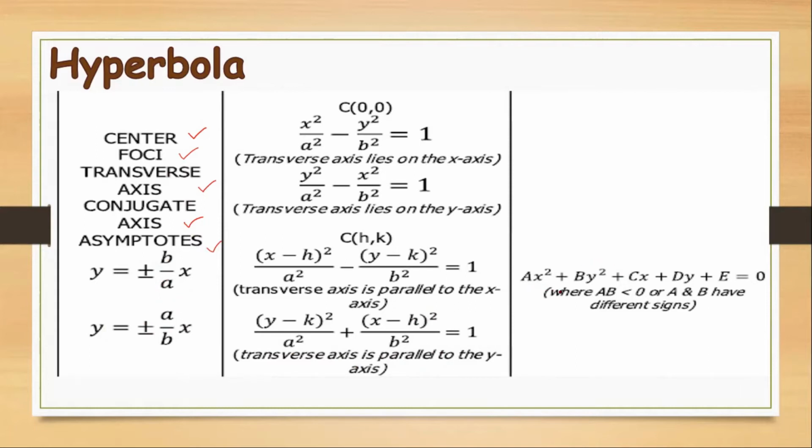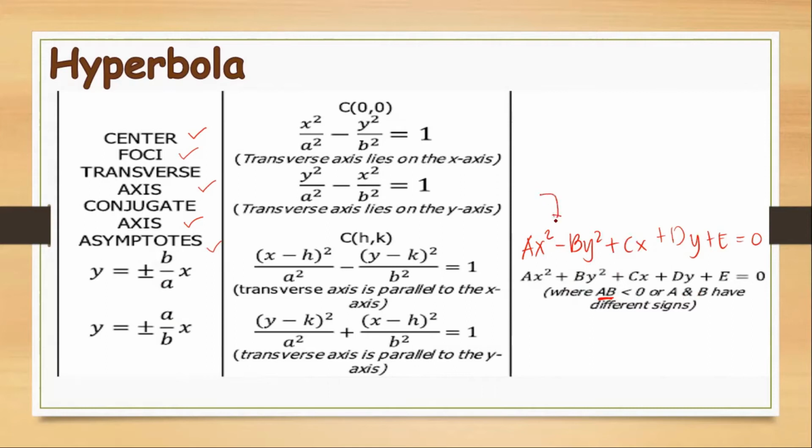And here is the general equation. I think this is not correct. We have Ax squared minus By squared plus Cx plus Dy plus E equals 0. Take note that it is already stated here that AB is less than 0, so it means that A and B have different signs.